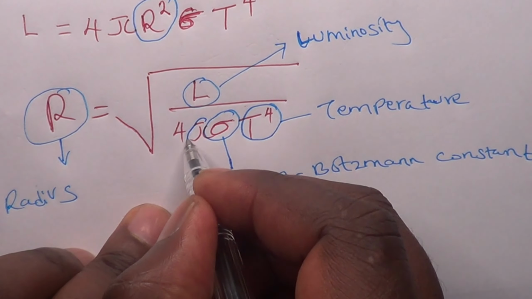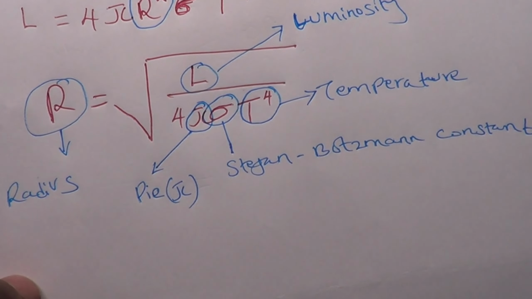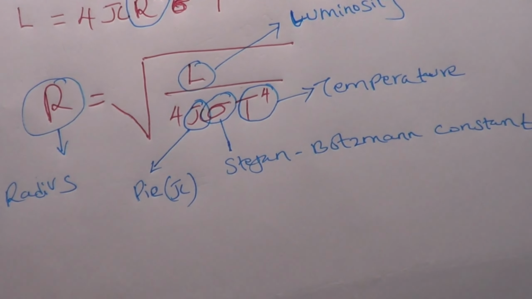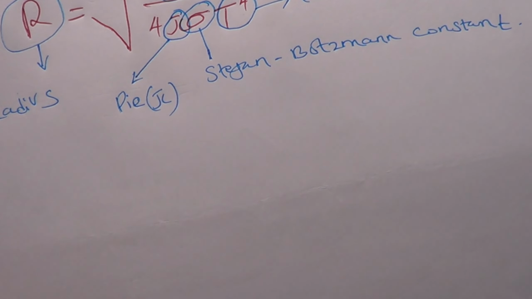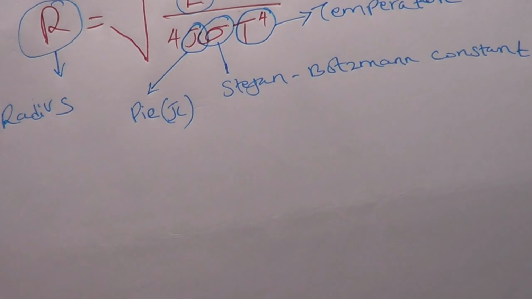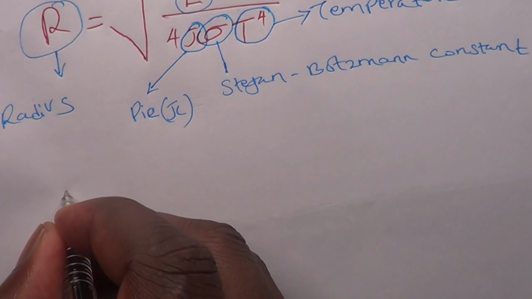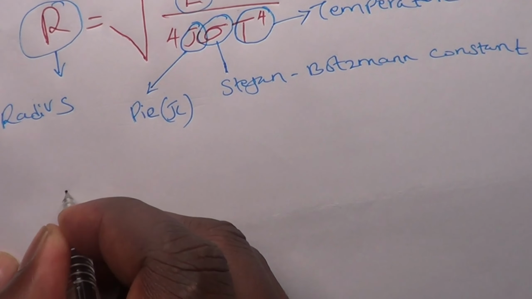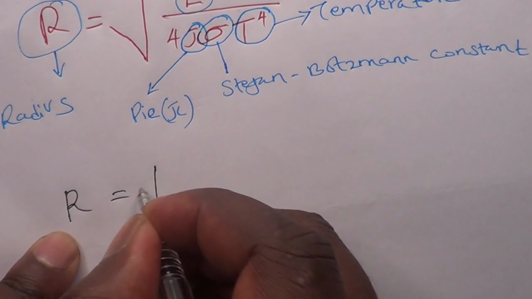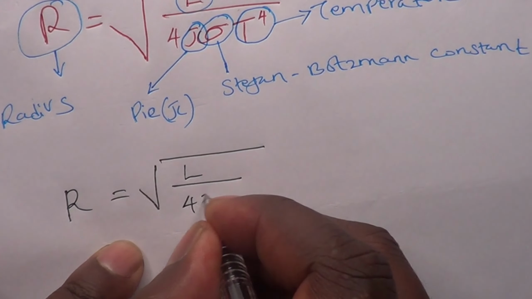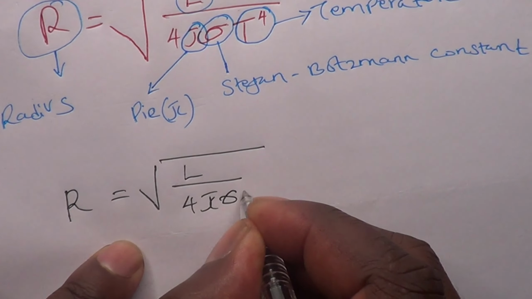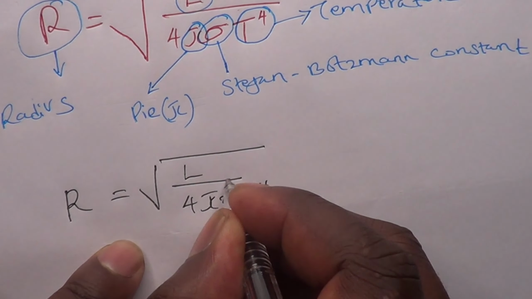Then again here we need to calculate this, because already we know the radius is equal to that. Now it will be radius equals the square root of luminosity over 4 pi times the Stefan-Boltzmann constant times temperature power 4.